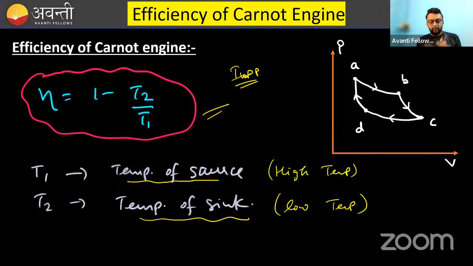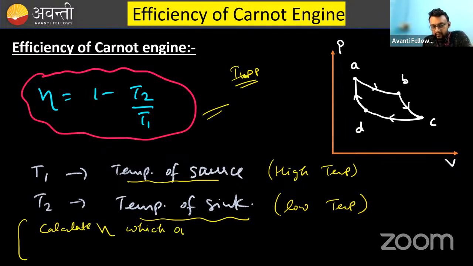Clear? In a question, whenever you see two temperatures, the question might be like this: calculate the efficiency of a Carnot engine which operates between 0 degrees Celsius and 100 degrees Celsius.